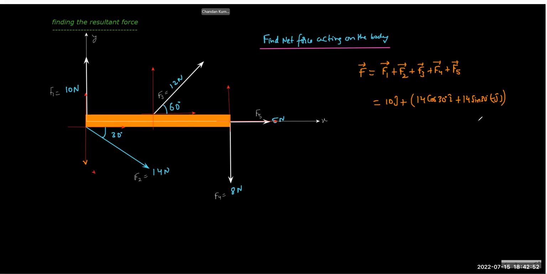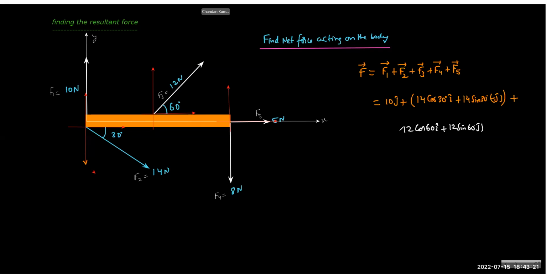Tell me if you have any doubt in this. No doubt, sir. And plus, who will tell me F3? So 12 cos 60 i cap. Excellent, very good. And then plus 12 sine 60 j cap.